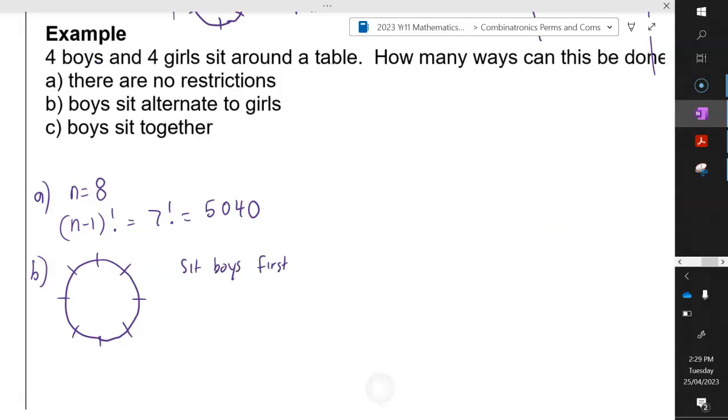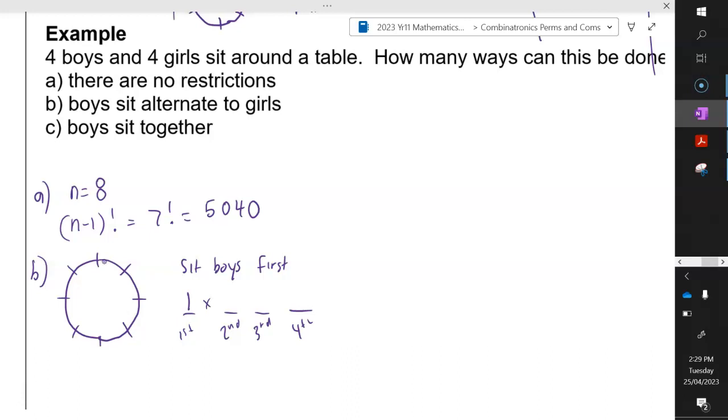So the first boy is going to go and sit down somewhere in that allocation of seats in that circle. So I'm just going to write it down like that. So we've got the first boy, second, the third, the fourth. And maybe you can picture this easily and you don't need to go into this much detail. But the first boy is going to sit down, and we're going to fix his spot. So he's got basically one position that is going to be fixed for him.